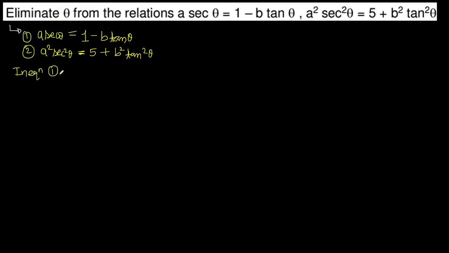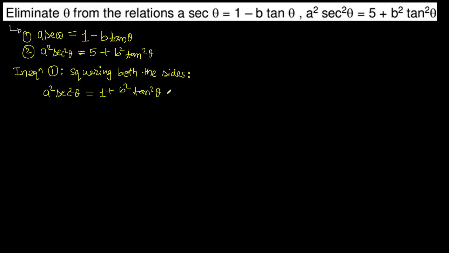In equation 1, squaring both the sides, we get a square sec square theta equal to 1 plus b square tan square theta minus 2b tan theta.